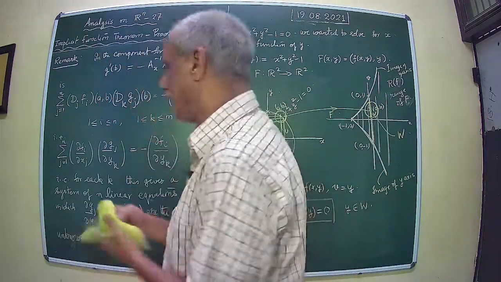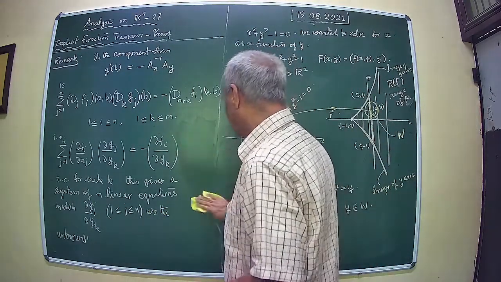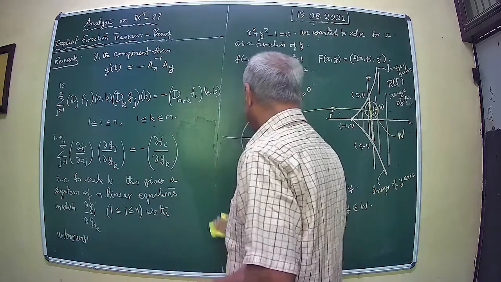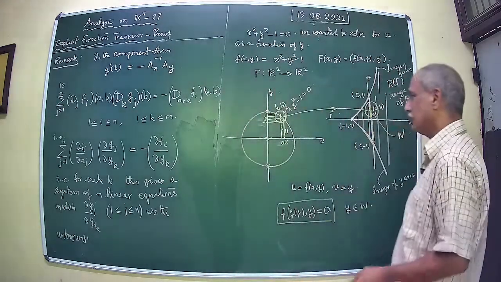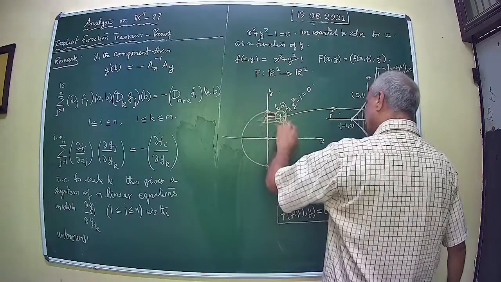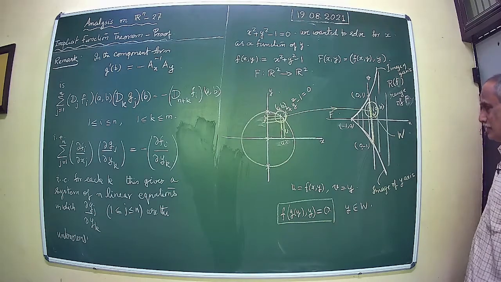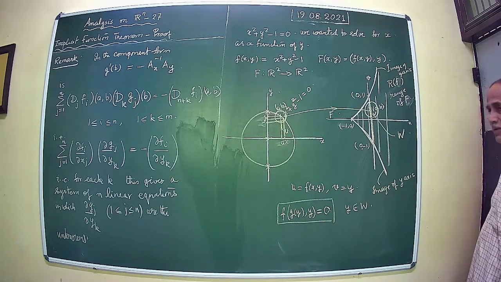It's slightly complicated though, but I try to resolve it to the extent possible with the geometry. So you see that corresponding to each y here, there is an x determined by this arc or the curve x square plus y square minus 1 equal to 0. It is a generalization of this.